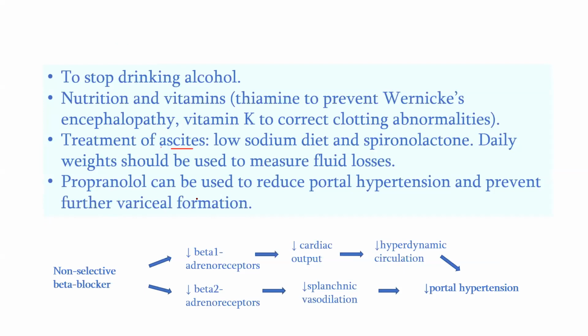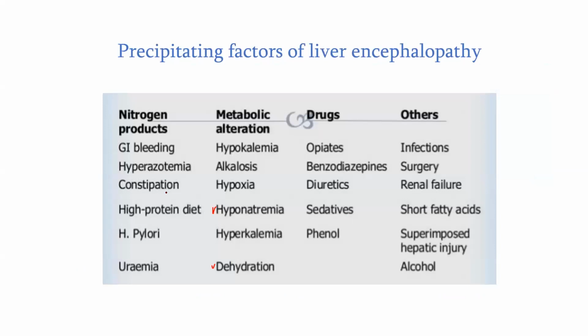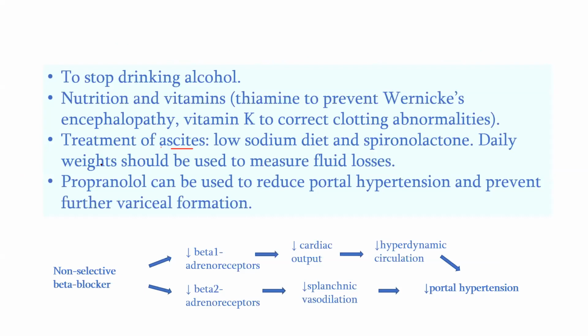Propranolol can be used to reduce portal hypertension and prevent progression of esophageal varices, because bleeding from esophageal varices is very dangerous. Remember that the patient has coagulation problems, decreased production of clotting factors, low platelet level, and bleeding from varices also may provoke liver encephalopathy, so we must manage this process of progression of varices.